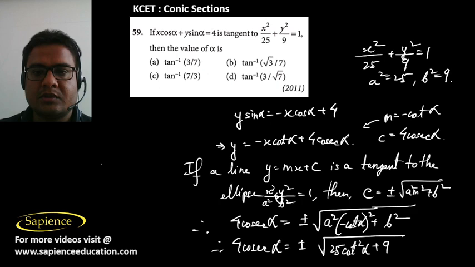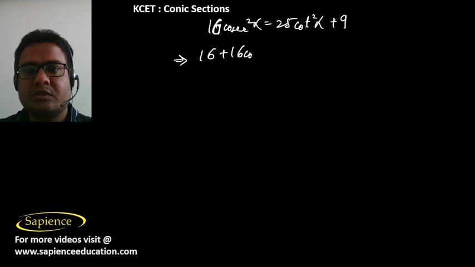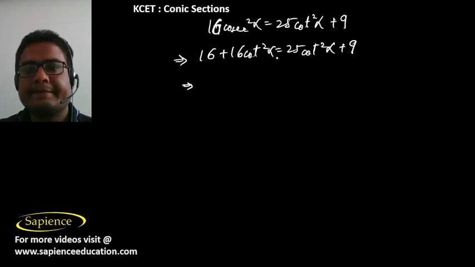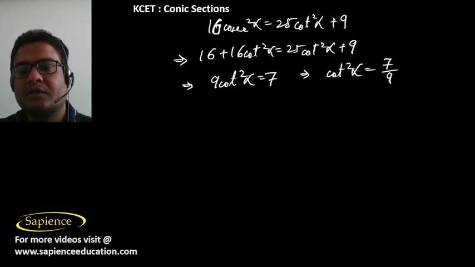So cosec square alpha is 1 plus cot square alpha, so it is 16 plus 16 cot square alpha equal to 25 cot square alpha plus 9. And we can say that 9 cot square alpha will be equal to 16 minus 9, that is 7. So cot square alpha will be equal to 7 by 9.